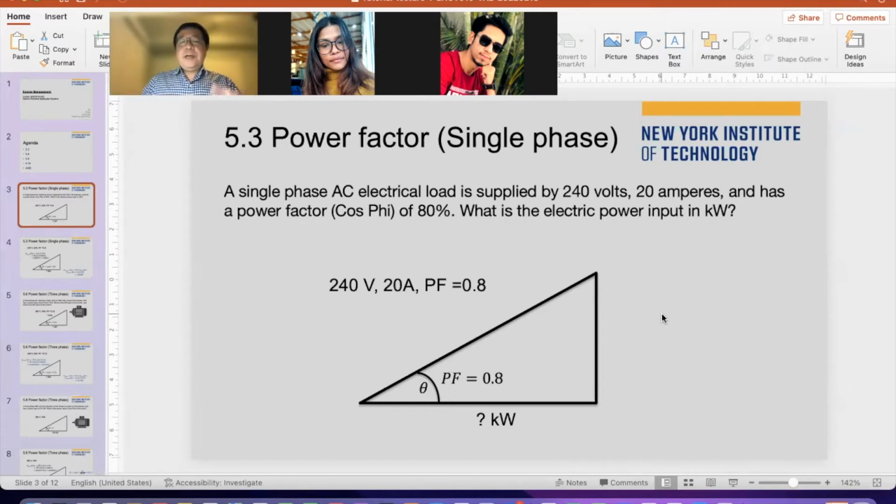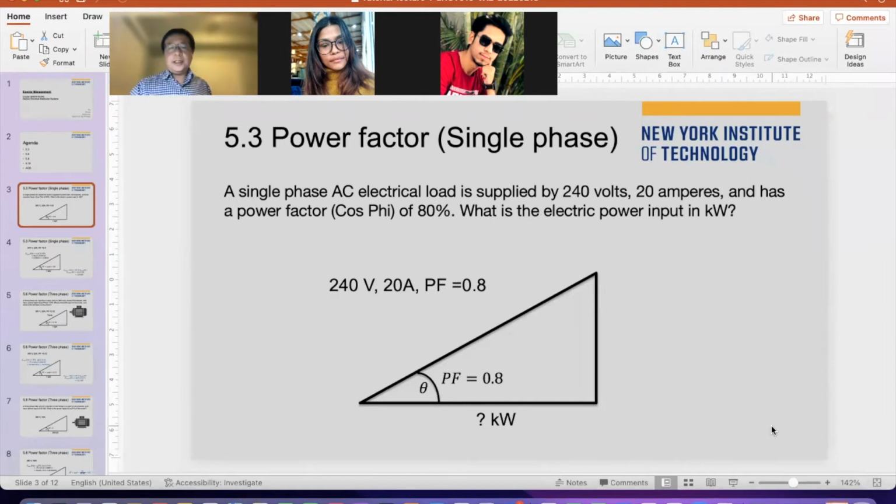When we handle a power factor question, first of all, we need to construct the power triangle. We need to know for every side what its name, its terms, and its units are.